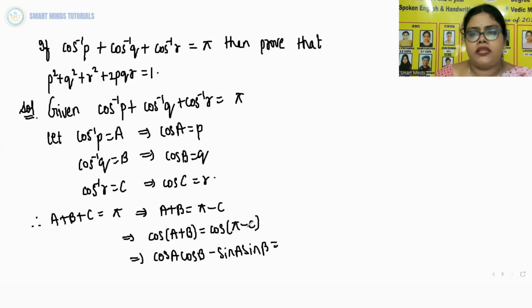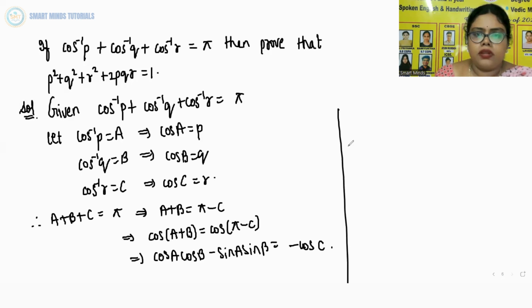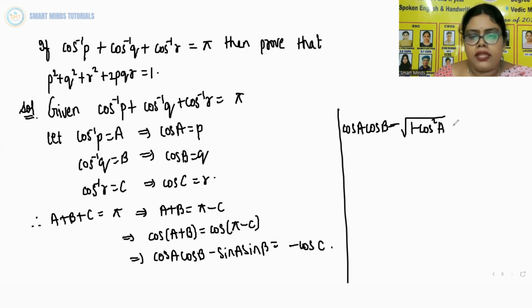Pi is 180. So cos(180 - C) is -cos C. Now cos A into cos B I am not disturbing. Minus sin A can be written as root(1 - cos^2 A), then root(1 - cos^2 B), equals -cos C.